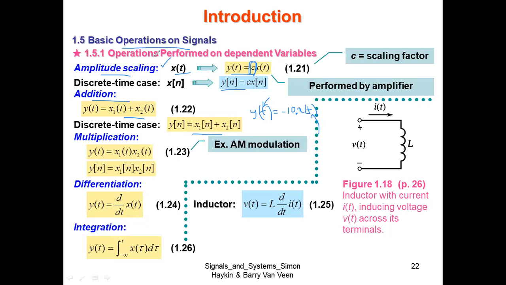Especially we are currently studying operations performed on the dependent variable. Let me ask you, if I say y of t is equal to t into x of t, here you can see this variable t. Can you control time, by the way?